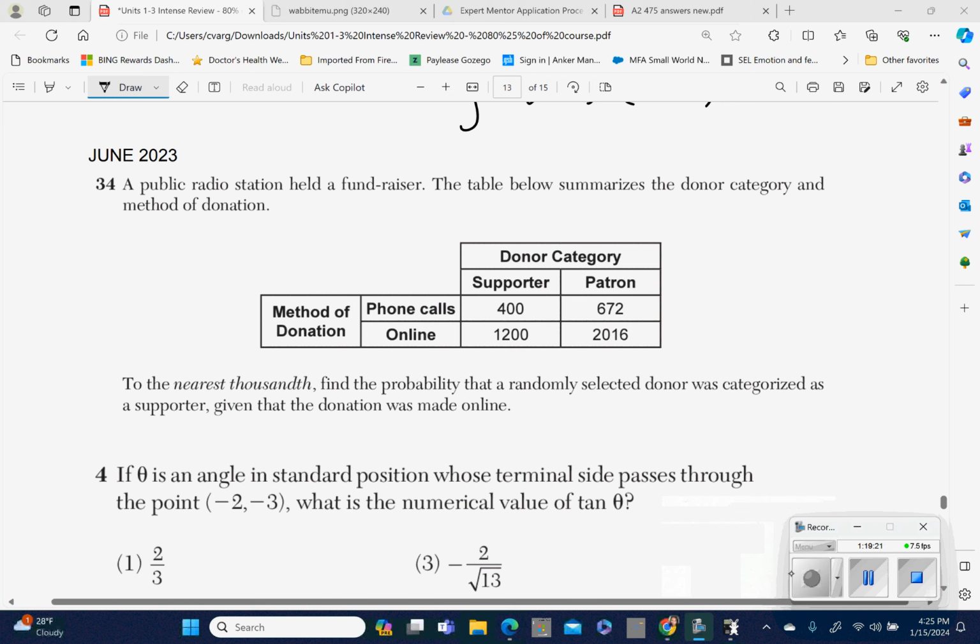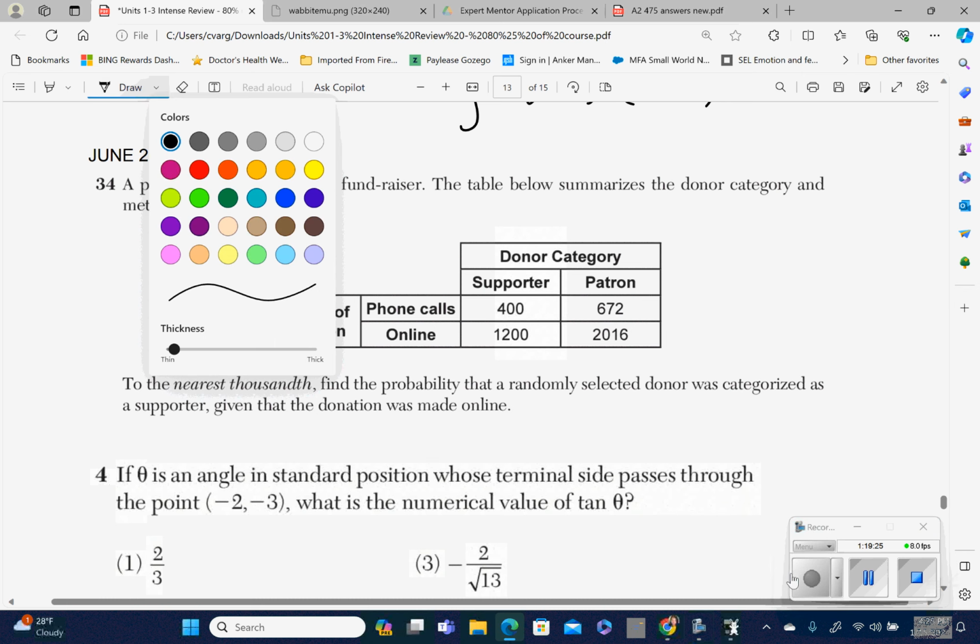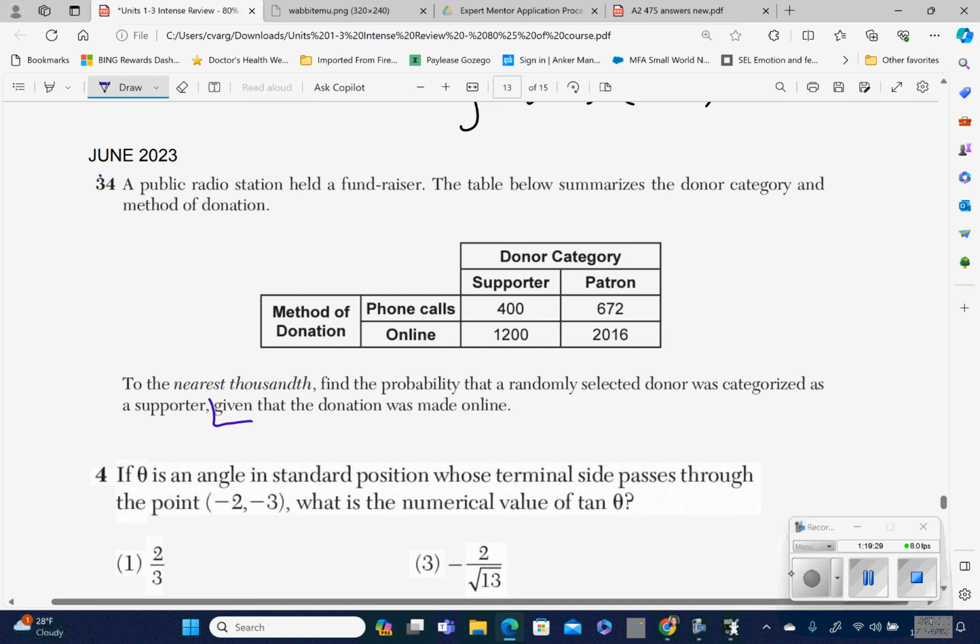All right, so our next question, again, we didn't do this, but if you feel like you understood every single other thing that we've done and you're like, hey, give me another easy point. Anytime you see the word given, there are 2 categories here. One of them says randomly selected donor was characterized as a supporter, and that the donation was made online.